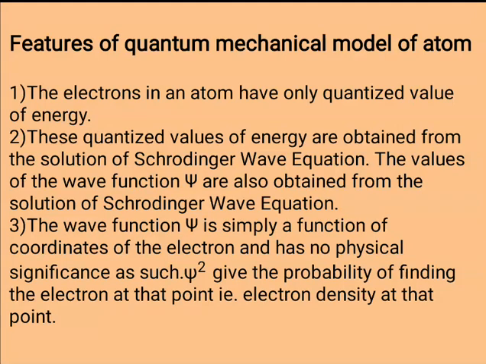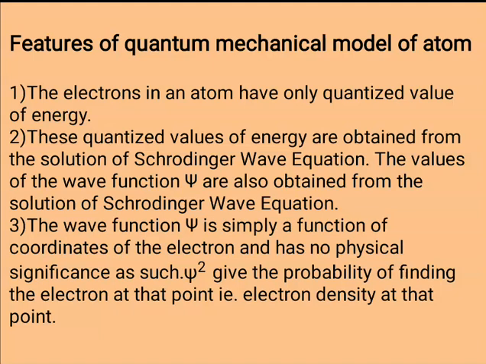What are the features of quantum mechanical model of an atom? Number 1, electrons in an atom have only quantized values of energies, meaning those energy levels which have definite energy. Number 2, these quantized values of energies are obtained from the solution of Schrödinger wave equation. The values of the wave function psi are also obtained from the solution of Schrödinger wave equation.